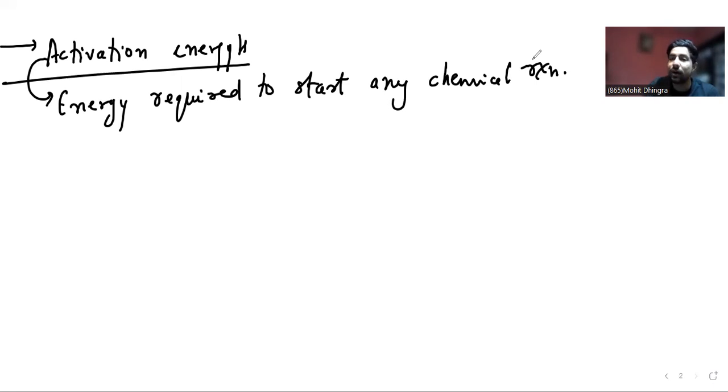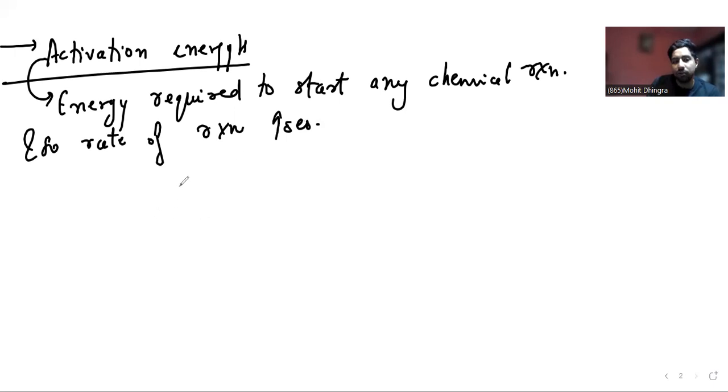And that's why the rate of reaction gets faster and increases. Activation energy is the energy required to start any chemical reaction. If that energy decreases to form that intermediate, then obviously the rate of reaction will increase.